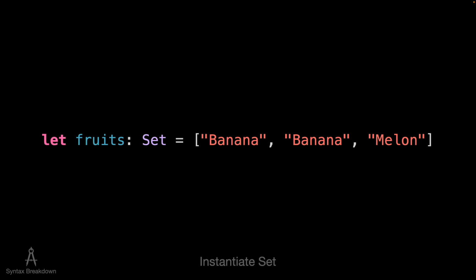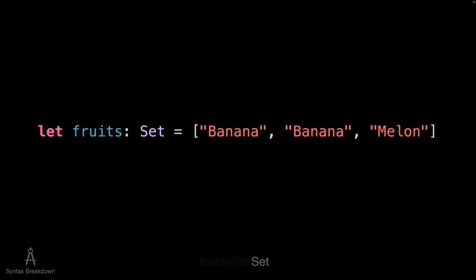My goodness, that is a hard sentence to parse. Right. So we use an array literal of strings. We pass it into the set variable, and the compiler makes sure that that variable, or constant in this case, has as its type a set of strings.